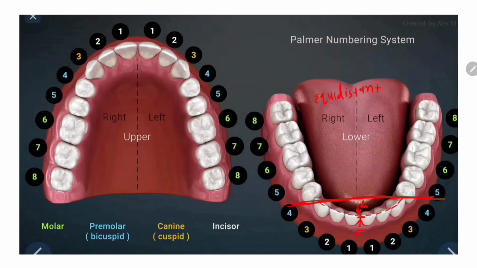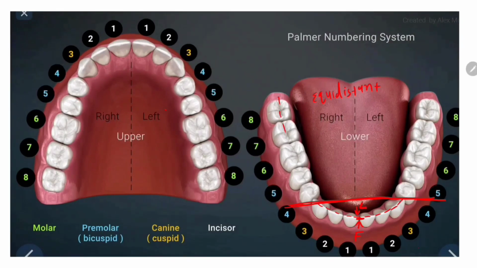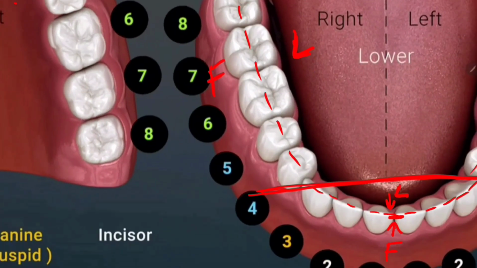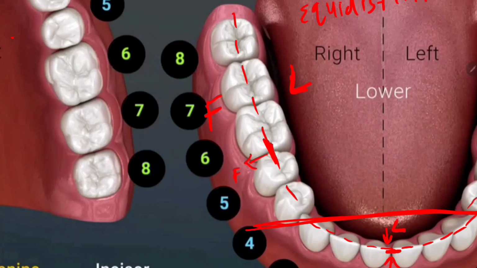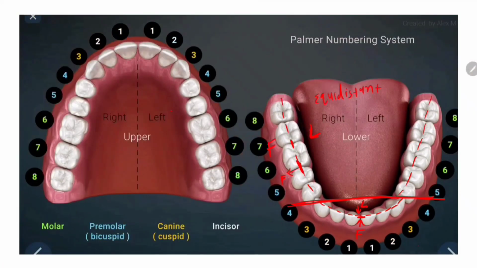So again we are bisecting these teeth in the midline. This is your facial aspect and this one is your lingual aspect. In this image you can see this is present in the middle third but slightly towards the facial side, right? Again same thing here as well. So these are more facial than maxillary molars.